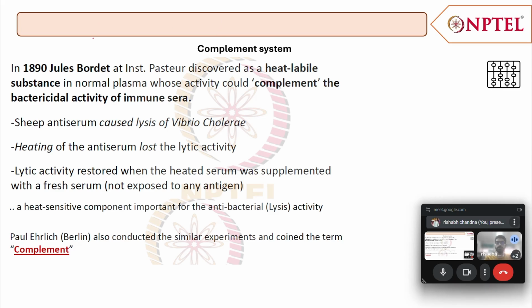So, in the 1890s, Jules Bordet described a system that is heat labile. Heat labile means it is sensitive to heat.